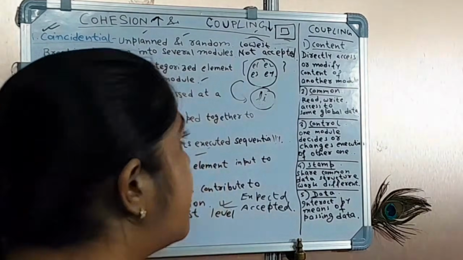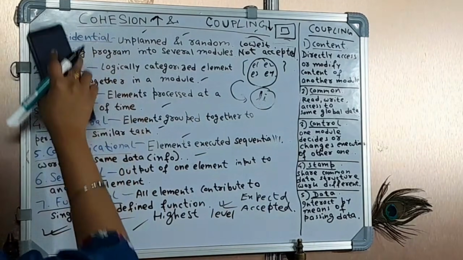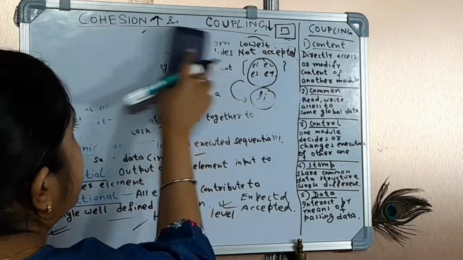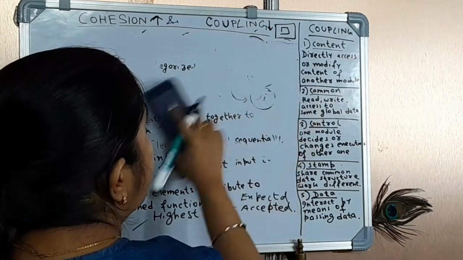Done. Now we will talk about coupling. What is coupling? Cohesion was the interdependability between the elements of a particular module.